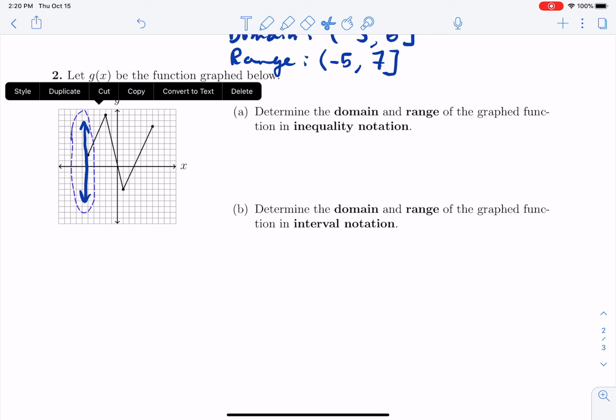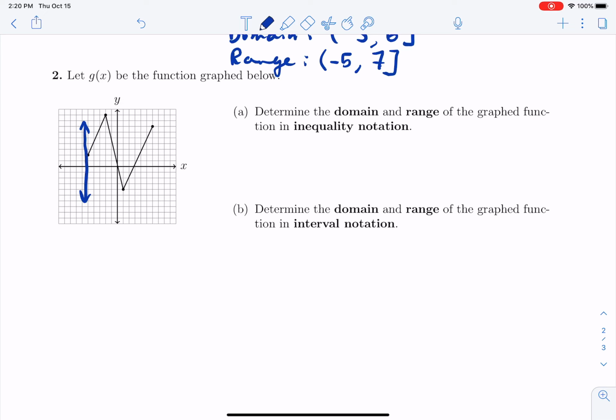And it's here. Okay, so for inequality notation, x goes in the middle. My smallest x value there is -5. And it is a filled in dot, so I'm going to have less than or equal to.